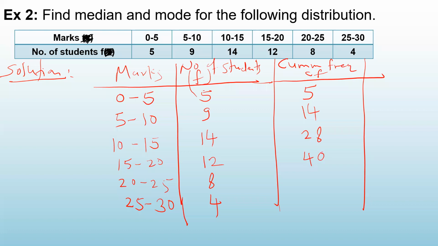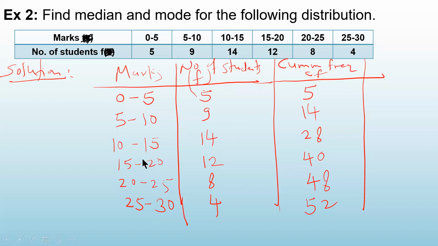Then between 20 and 25, for this class interval, cumulative frequency will be 40 plus 8, that is 48. And for the last class interval, 25 to 30, it is 48 plus 4, that is 52. Okay.